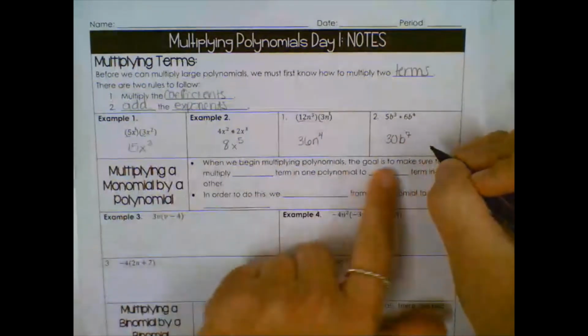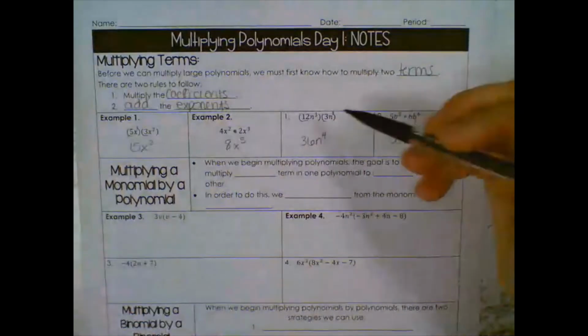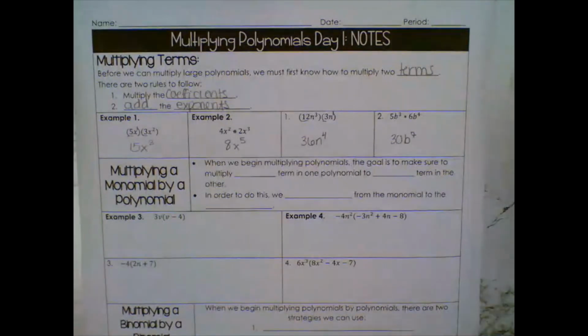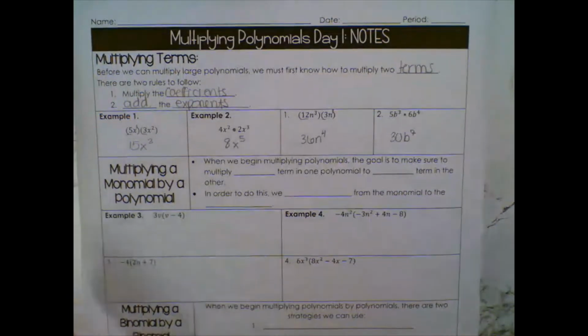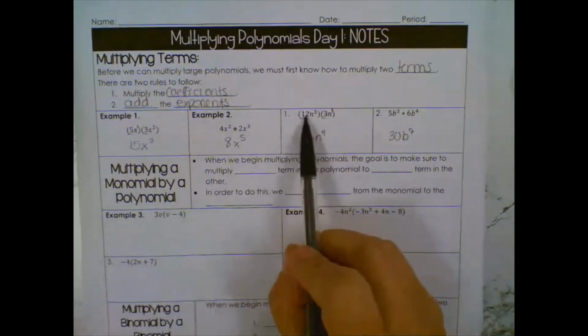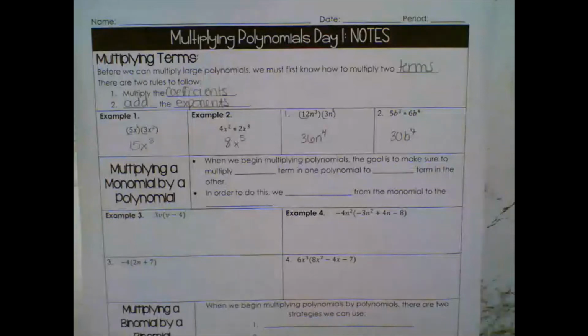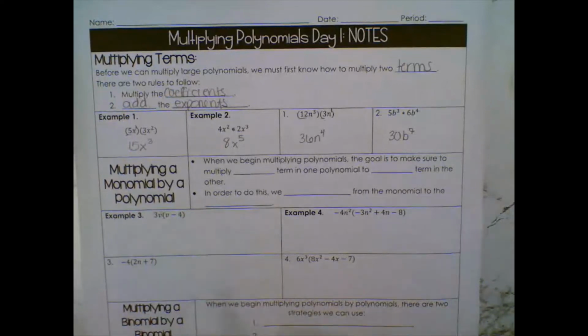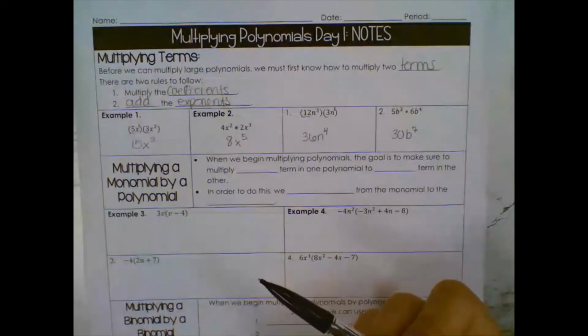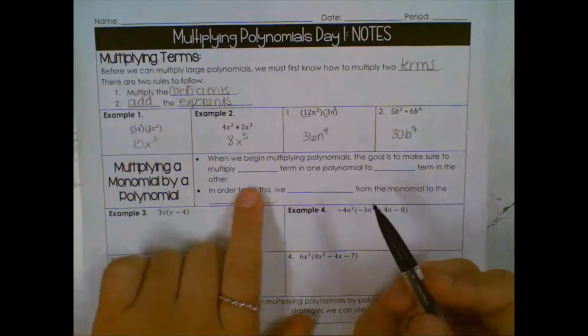So these are the most basic forms of multiplication we'll see, a one by one. But now we are going to multiply something bigger, right? We're not just going to be stuck with a one by one. We're going to see larger polynomials. So the first thing we're going to look at is multiplying one polynomial by two. When we do this, it's going to look very similar to distribution, which you've already learned in middle school.